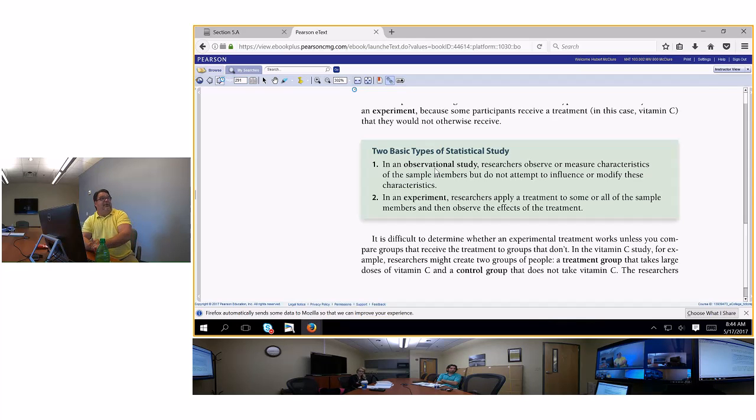All right, so the observational study would be watching people go down the interstate and getting off on certain exits. That would be the experiment: putting a sign up on one of the roads saying, road construction ahead, exit 14 here.